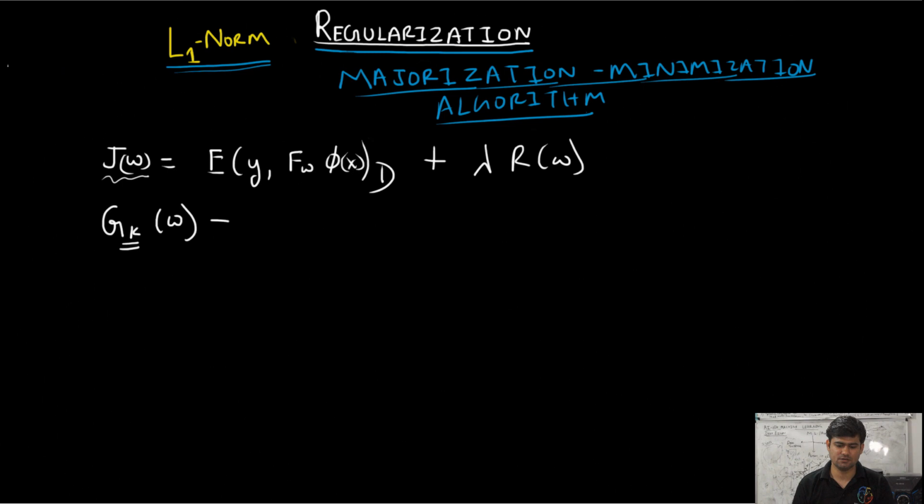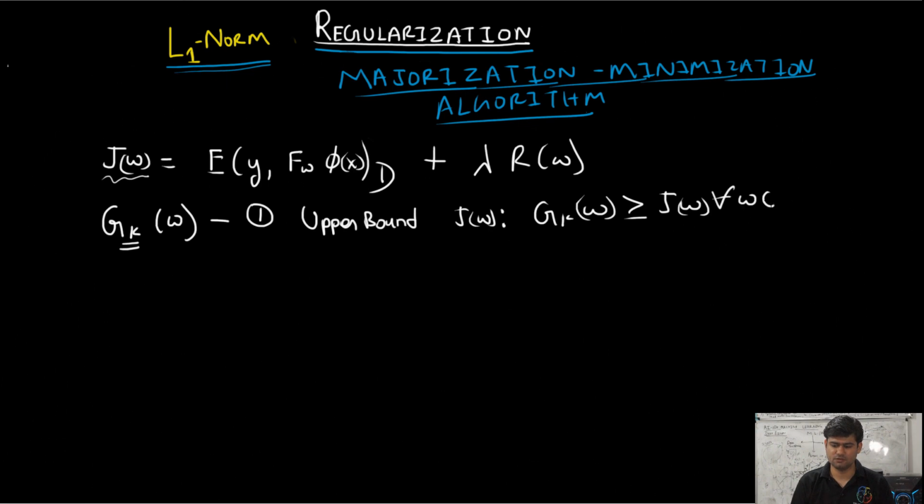One, that it should upper bound the original loss function J of W, which means that gk of W should be greater than or equal to J of W for all W in the domain of function J. And second is that gk of wk is equal to J of wk, where wk is a point where we construct this function gk.